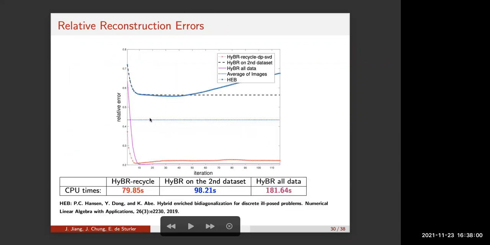And we compare our method with others. Here we can see the pink one is the hybrid method with all the data, which means we just solve the whole system brutally. Of course we can get the most accurate solution, but practically we cannot do this since this process is very expensive.